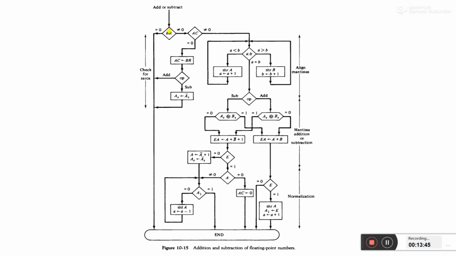Now you can see that here your BR register is checked. If it is 0, then nothing else needs to be done, and it will end. If it is not equal to 0, then AC will be checked, and if AC is 0, then the content of BR is transferred to AC, and the operation is done, either addition or subtraction.